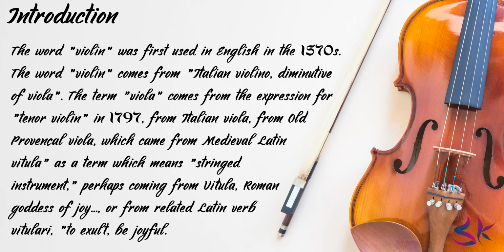The word violin was first used in English in the 1570s. The word violin comes from the Italian violino, diminutive of viola. The term viola comes from the expression for tenor violin, in 1797, from Italian viola, from Old Provençal viola, which came from medieval Latin vitula, a term which means stringed instrument, perhaps coming from Vitula, Roman goddess of joy, or from the related Latin verb vitulari, to exult, be joyful.